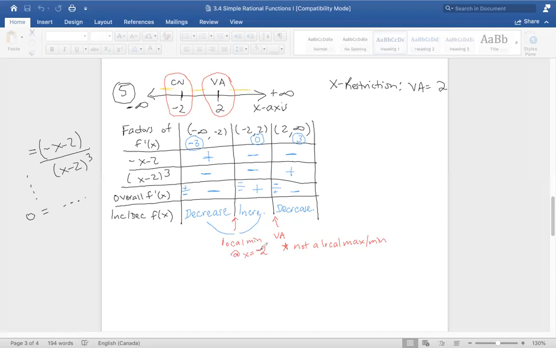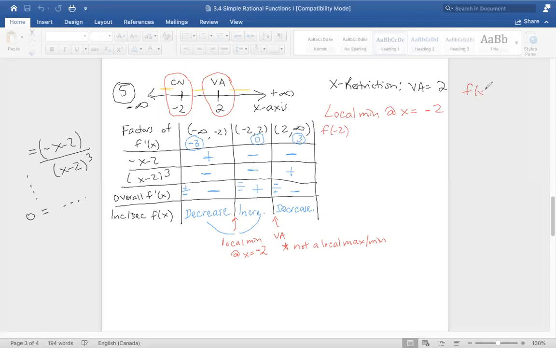So I have my local min, my x value. I need to figure out my y value so I can list my conclusion of where I'm increasing and or decreasing. So I have here a local min at x equals -2, right? And then I need to sub that into my original function. We don't even have the original function on this page, so we might want to write that out somewhere.